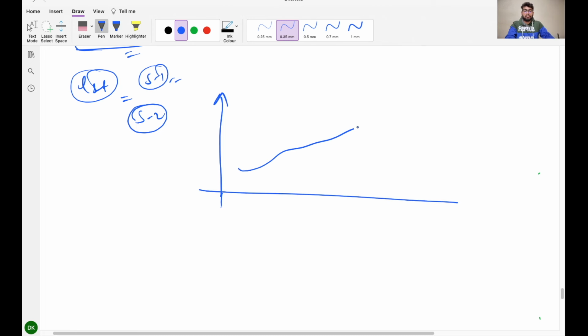Okay, so if this is a graph, this is a function, then what is this and what is this region? So at this time my element is less than equal to 4, and at this region my elements should be greater than equal to 4.